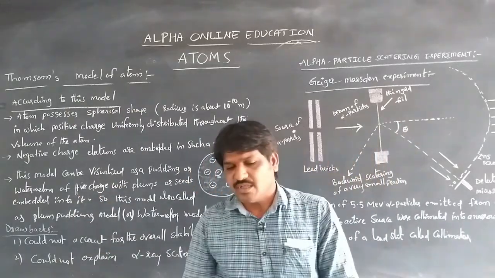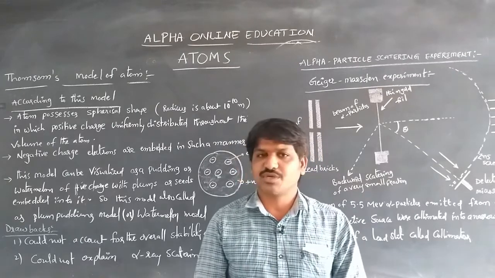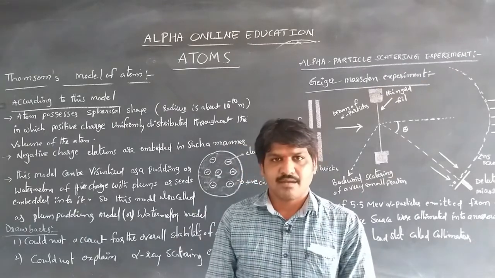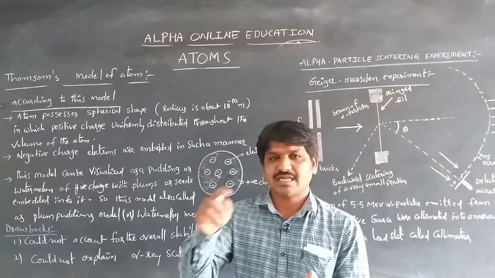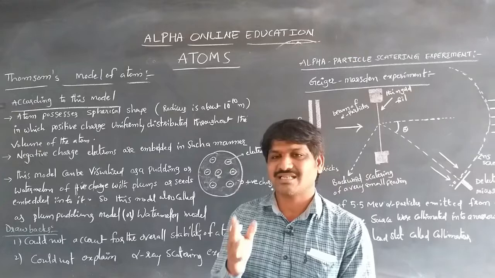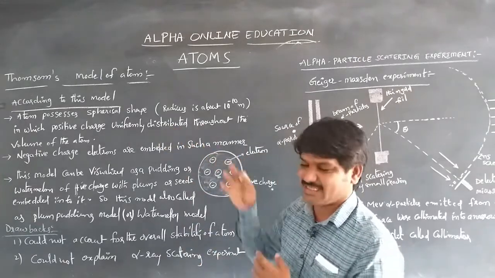In this model, the positive charge of an atom is uniformly distributed over the atom, and the negatively charged particles called electrons are situated equally, adjusted by the electrostatic force, so that the atom possesses its spherical shape.